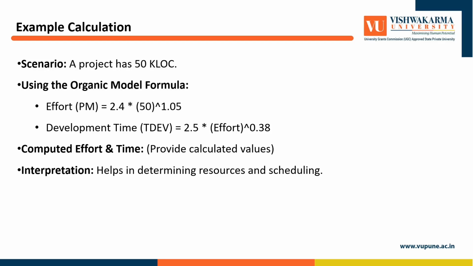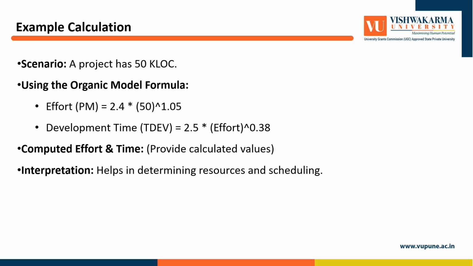Effort is equal to 2.4 into 32 to the power 1.05, which is approximately 91.2 person-months. Development time equals 2.5 into 91.2 to the power 0.38, which is approximately 14.8 months. This simple calculation gives an idea of the scale of effort required early in the planning phase.